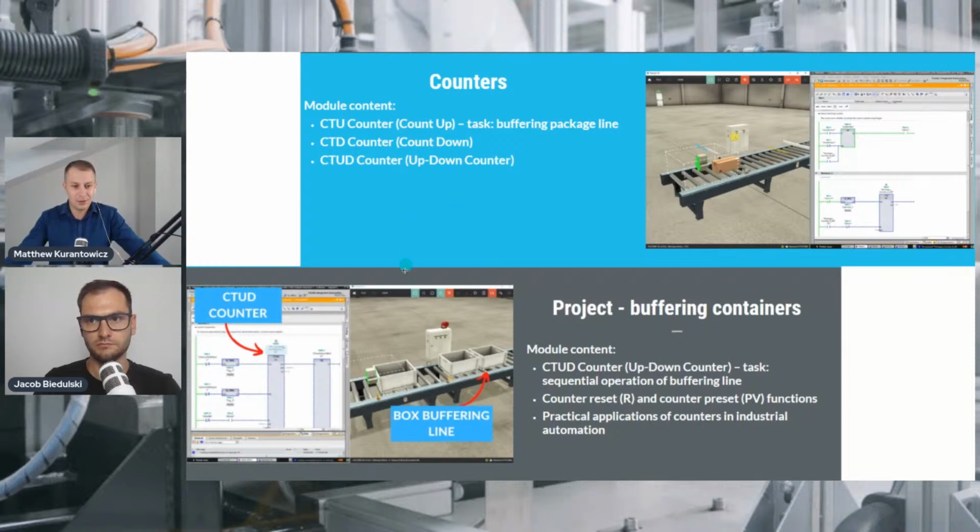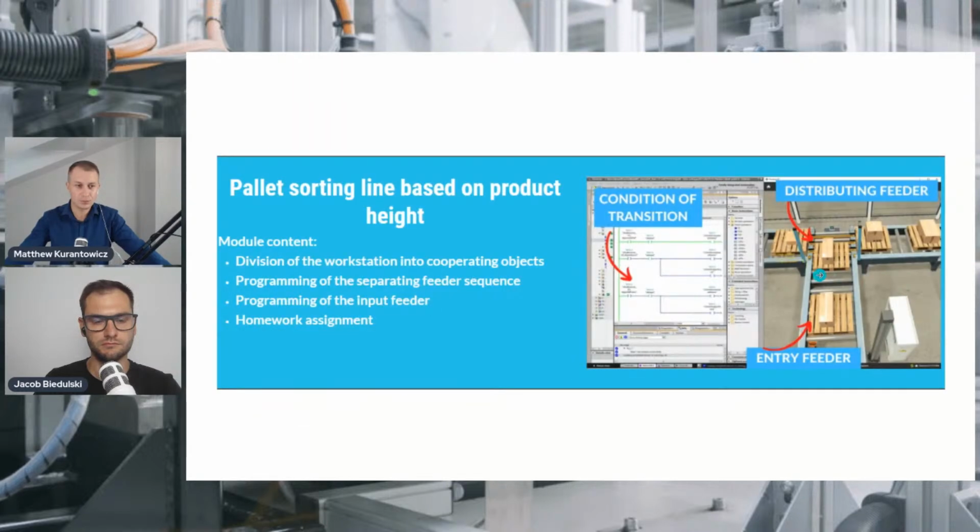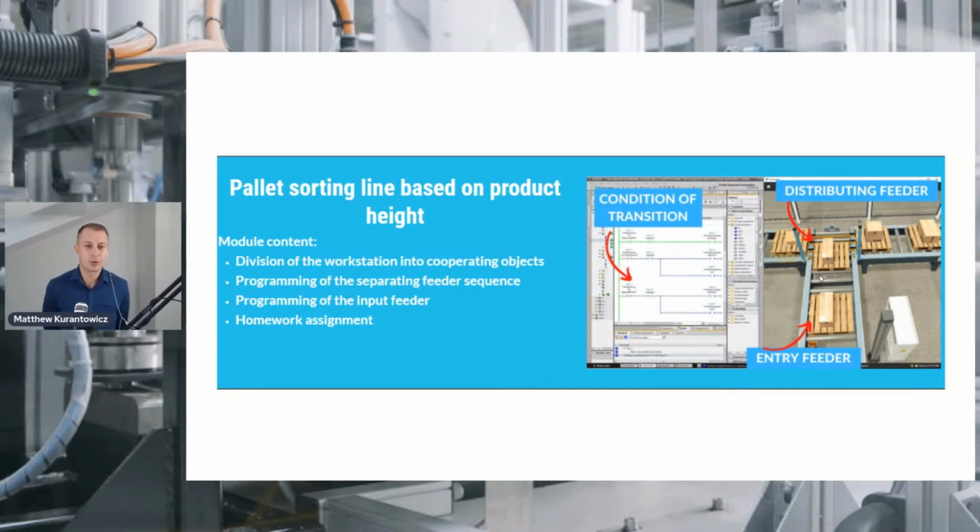Next, you will create a box buffering line. You will use a counter, and you will have a homework assignment to solve on your own. And the last project in our entry-level course is a pallet sorting line based on product height.